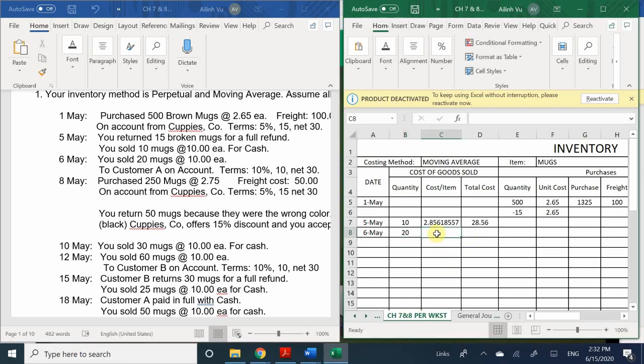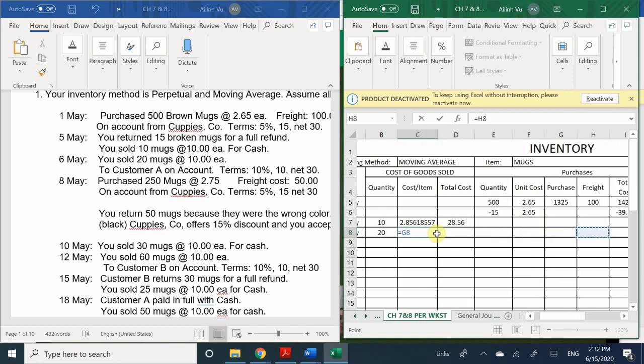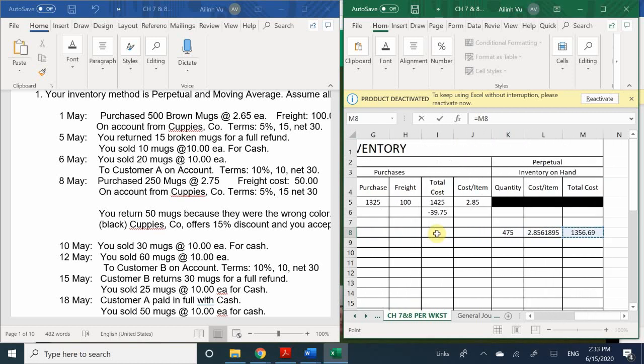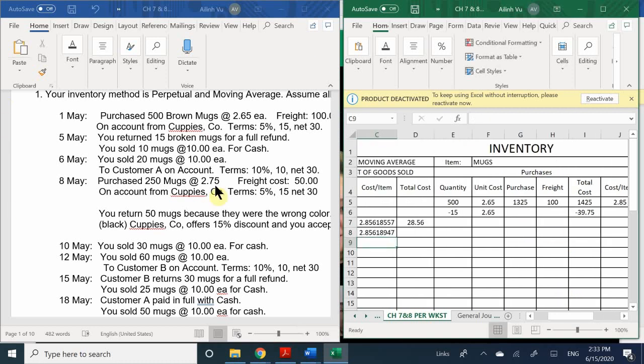At what rate are we going to calculate? What does each cup cost us? 2.65, right? No. How much does it cost us to sell? 856. Yes, that long number. I'm going to calculate it here.